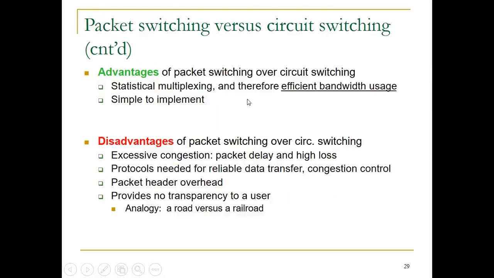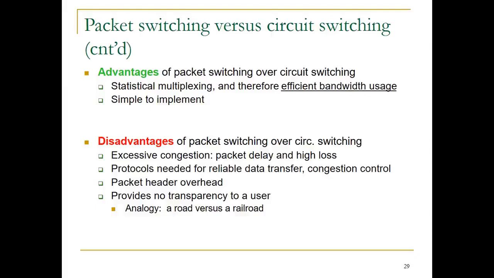Advantages-wise, packet switching does have statistical multiplexing and therefore efficient bandwidth usage, and it's simple to implement. When it comes to disadvantages of packet switching over circuit switching, we do have excessive congestion, packet delays, and high losses.